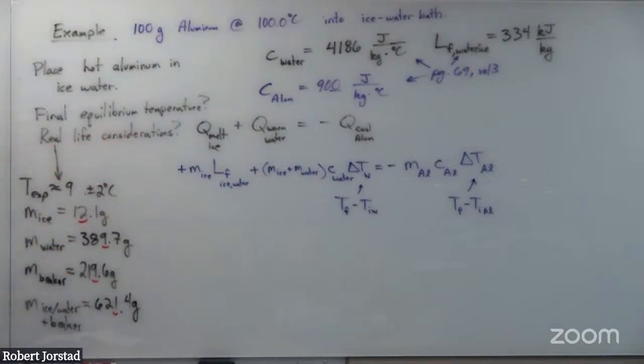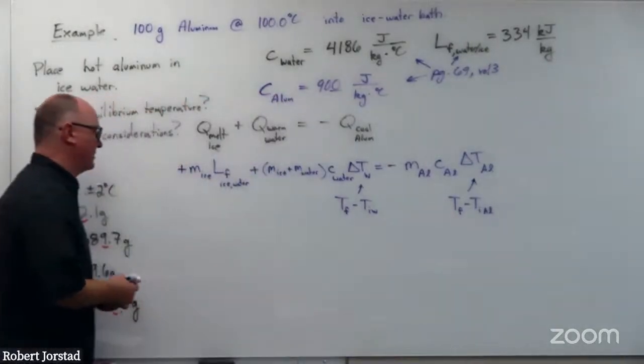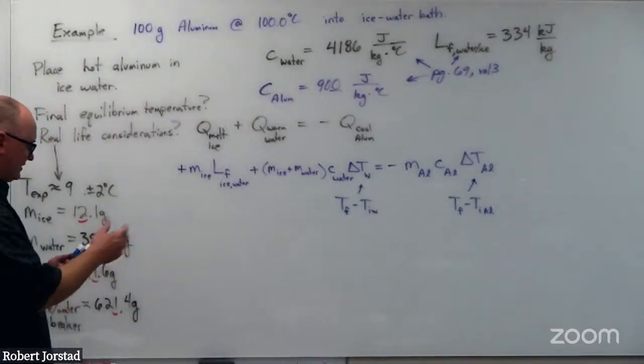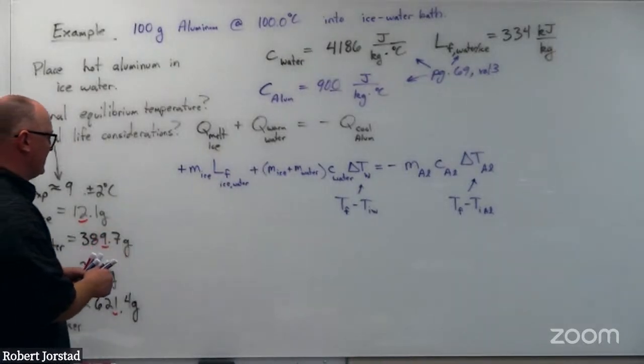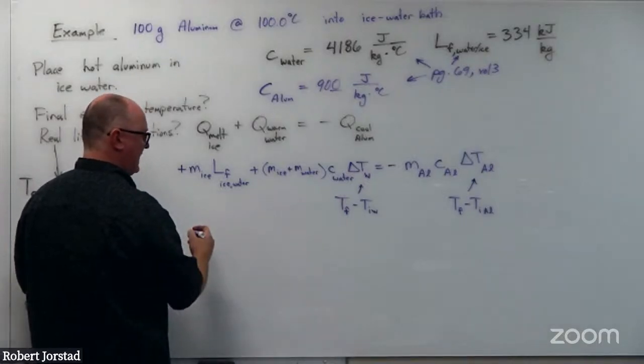All right, so now in this case, they have the same T final because they reach thermal equilibrium. So at this point, you can start cranking through this. I'm going to start to do the algebra here. I want to solve for TF.